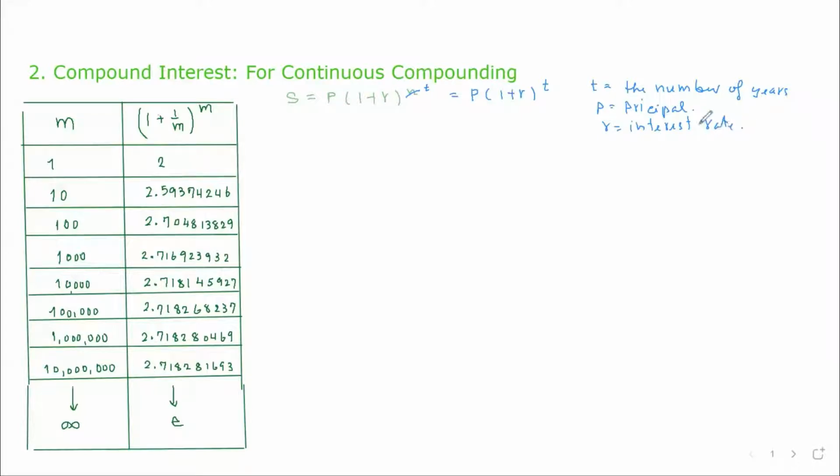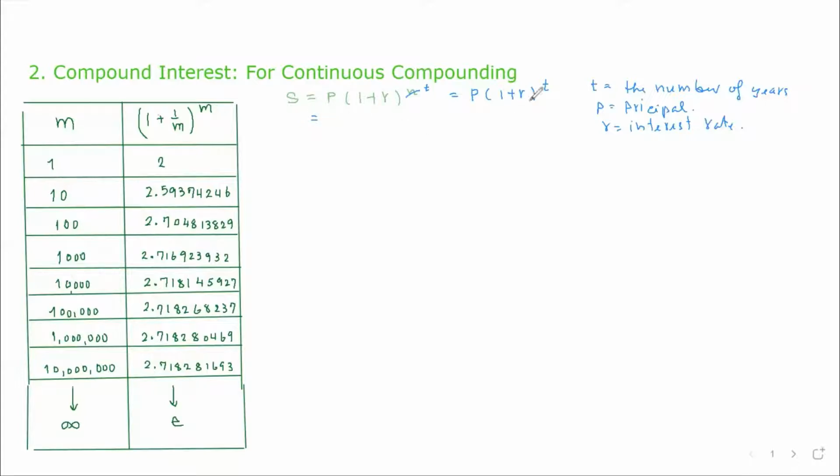From this formula, in the last example we did compounded annually, right? In this case, that means one time gets one interest.